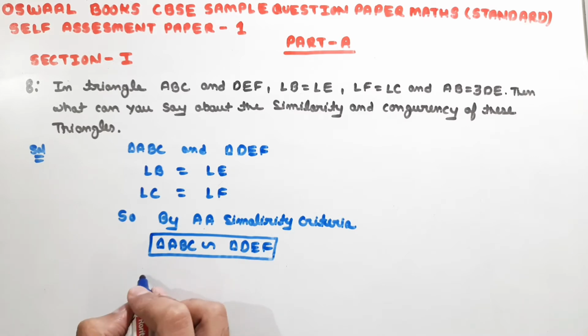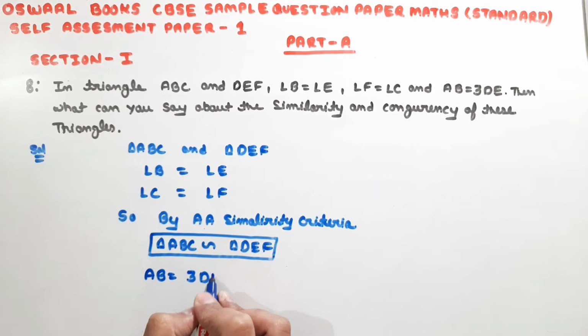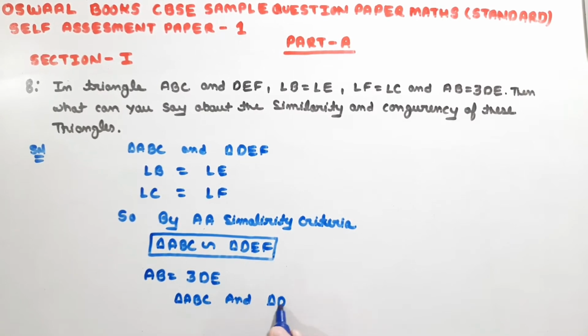Since we are given AB equals 3 times DE, the sides of both triangles are not identical. So triangle ABC and triangle DEF are not congruent.